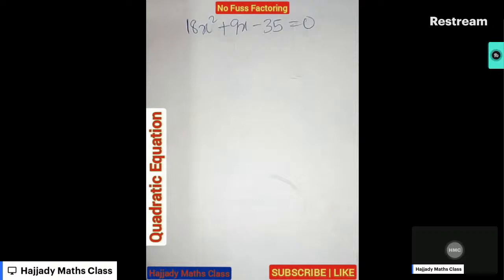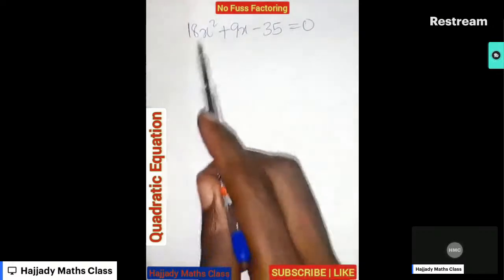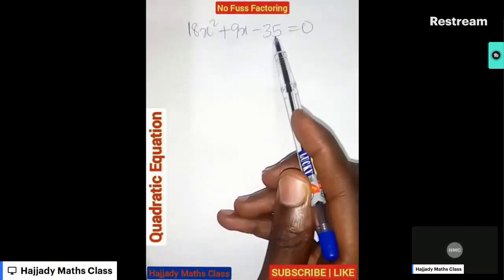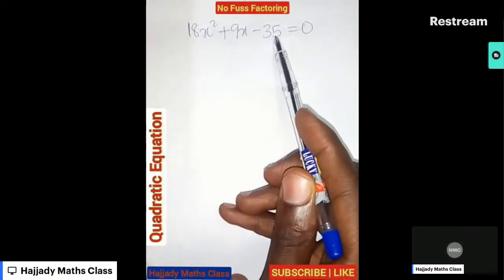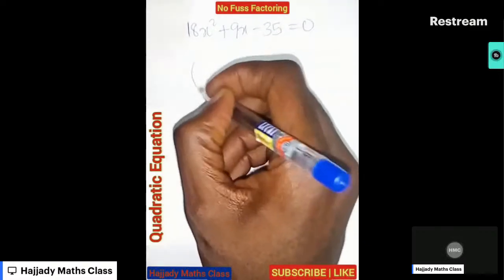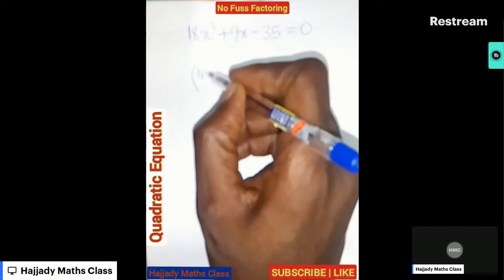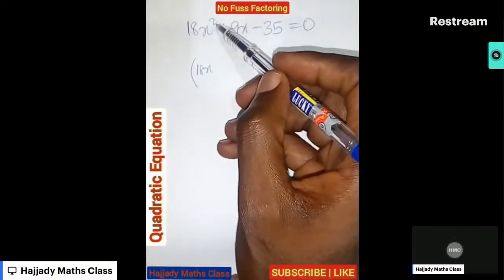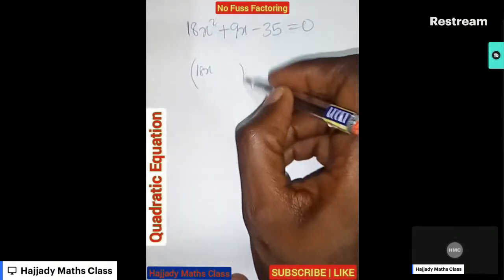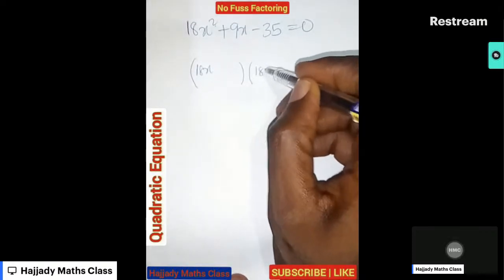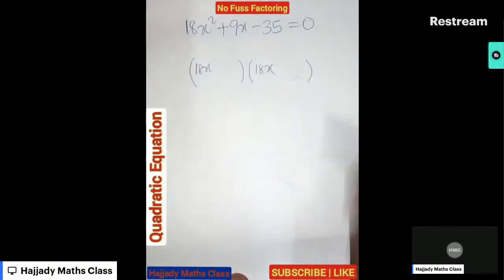And this is what I'm going to use. Here we have 18x squared plus 9x minus 35 equals 0. The first thing we do is that here we have the 18x. Don't worry about the square, leave it. Close the bracket, open another bracket. We have the 18x, close the bracket.